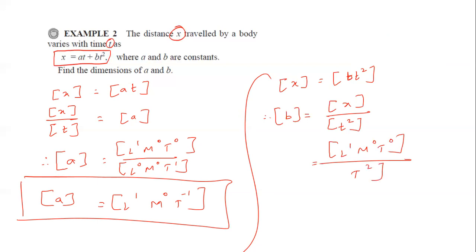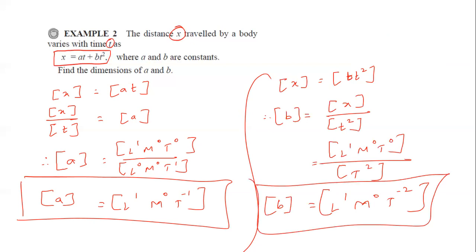So L raised to 1, M raised to 0 as it is, and T raised to 2 shifted up becomes T raised to minus 2. So this is the dimension of B. This type of question may be asked in competitive examinations about the dimension of any term, so you have to be ready for that.